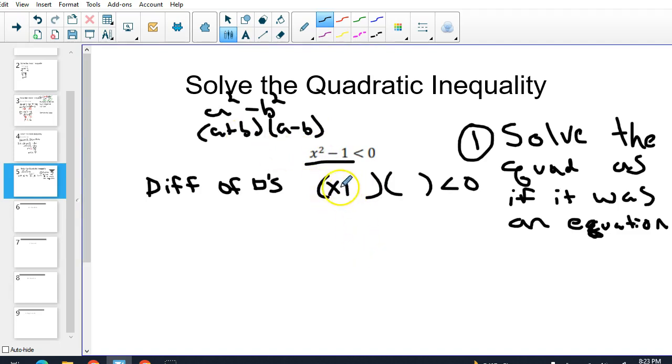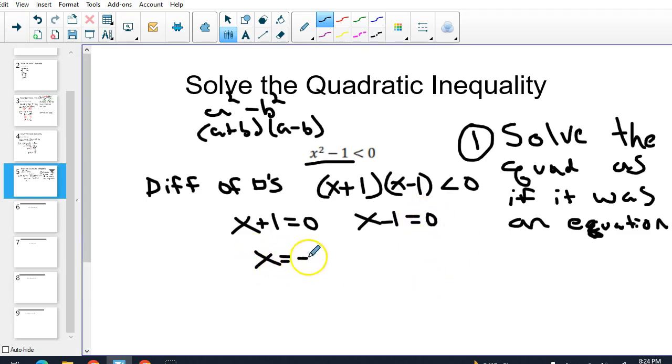And we have plus, the square root of 1 is 1. And we have a minus b, so I have x minus 1. I'm going to take each of my factors and set them equal to 0. So we have x is equal to negative 1 and x is equal to positive 1.